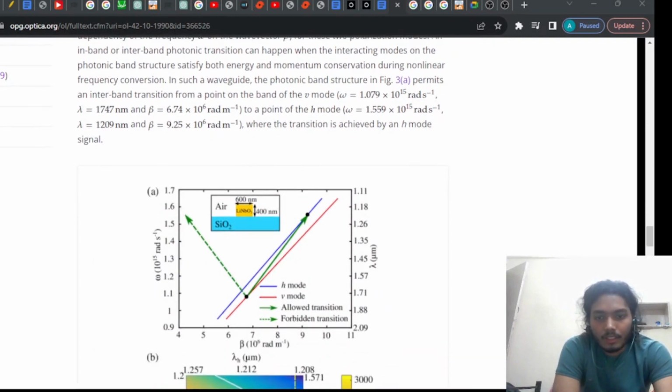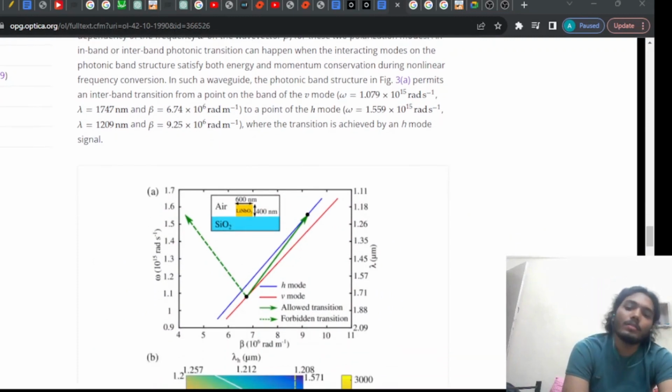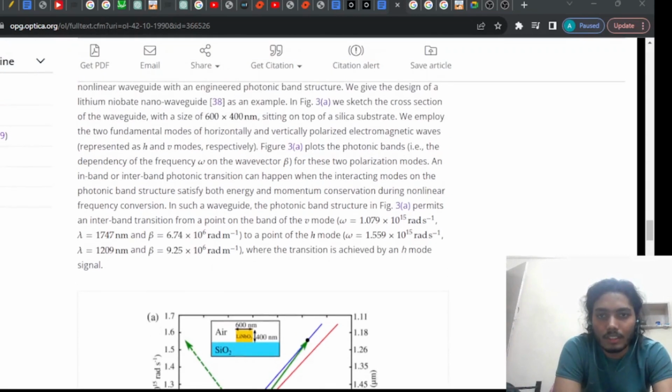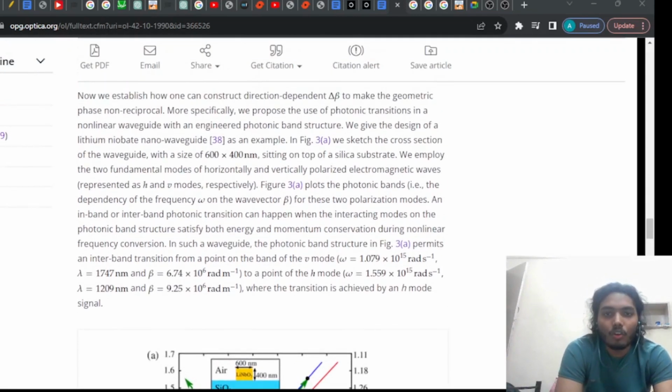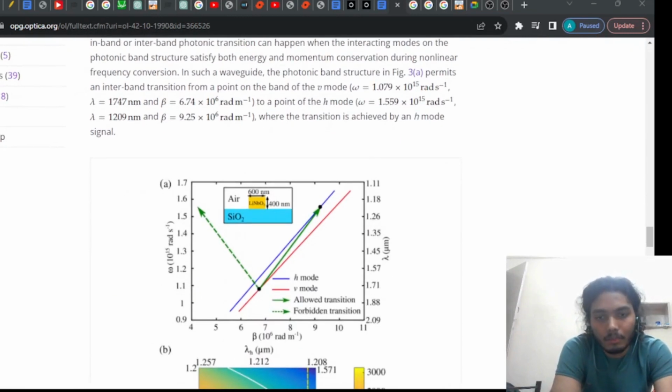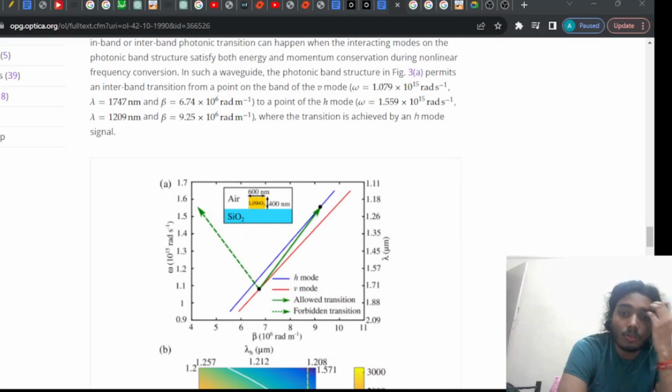This is omega versus beta. This is a dispersion. This represents the dispersion relationship, or we can say this is a photonic band structure. And here, this blue line, and there is a red line. This blue line represents the horizontal mode, when light is horizontally polarized.